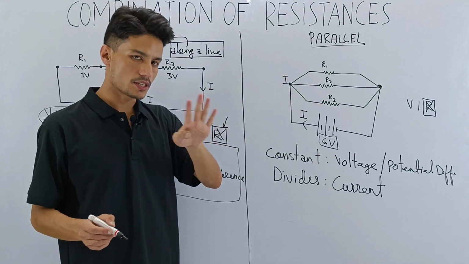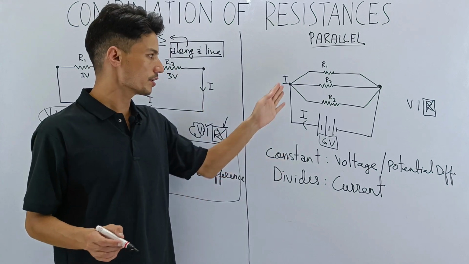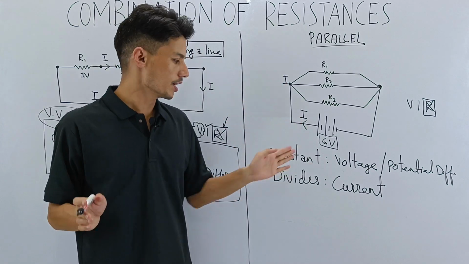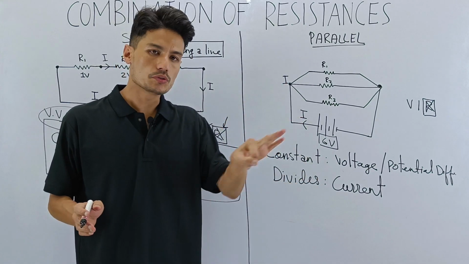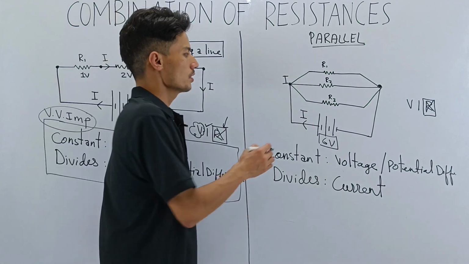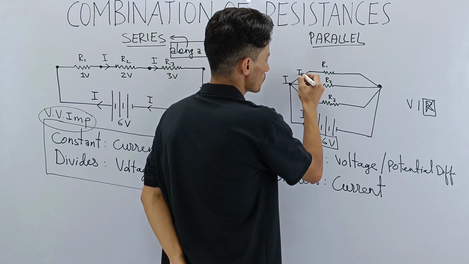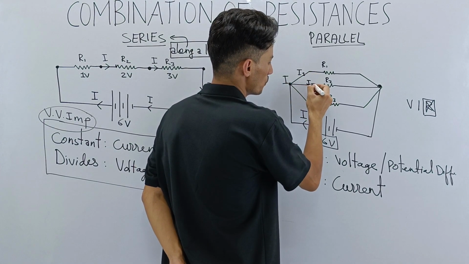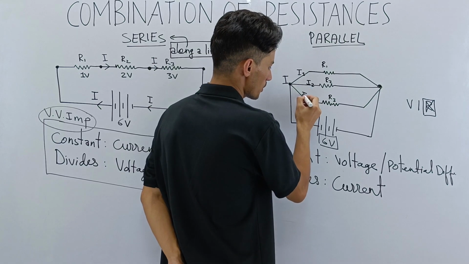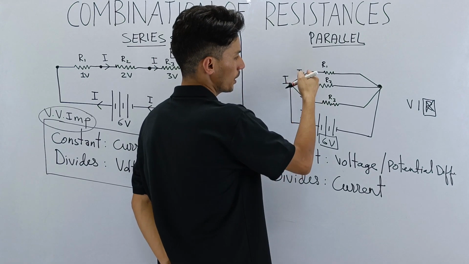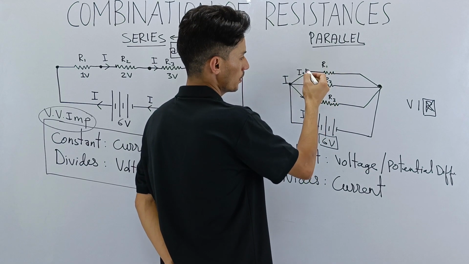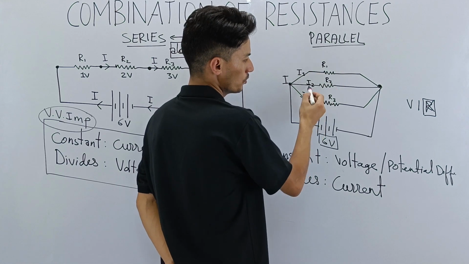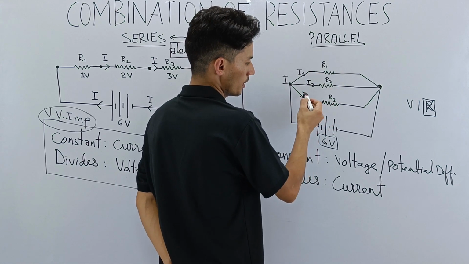See, 3 paths are available for current to pass, is it not? So current will divide itself into the different paths. So let's say I1 goes here, I2 goes here, and I3 goes here. So through R1, I1 is traveling, through R2, I2 is traveling, through R3, I3 is traveling.